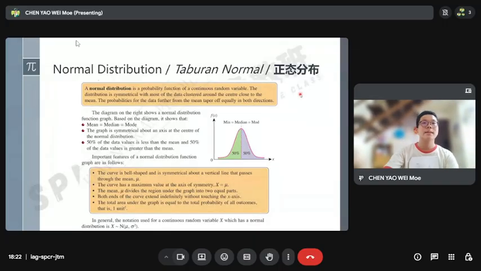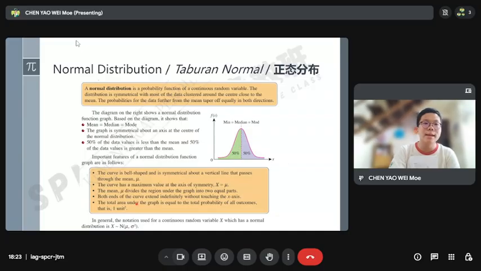Okay, so there is a graph here, and in the middle, mean equals median equals mode. The graph is symmetrical about the center of the normal distribution. The whole area under this graph equals 1.